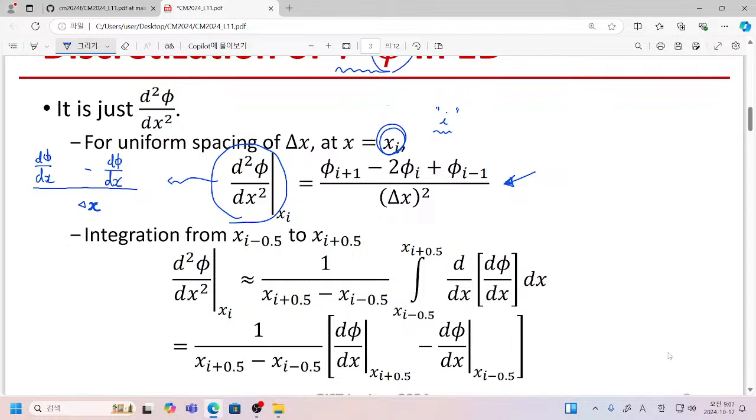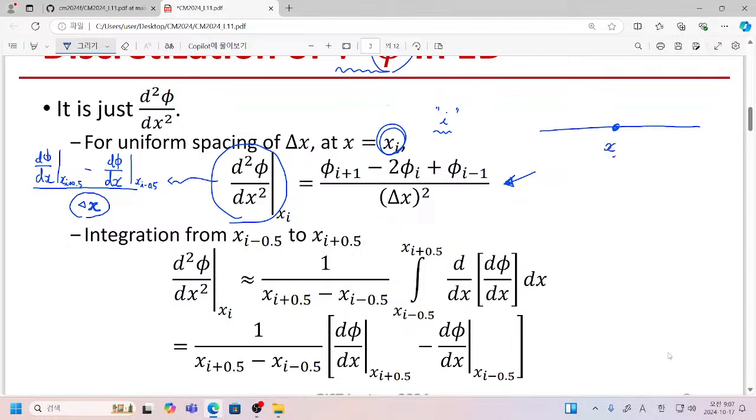The first derivative is calculated at a certain point, and another first derivative is evaluated at a different position, and their difference is considered here. Here we can say this is a half point and this is a half point. So simply speaking, let me just draw a diagram here.